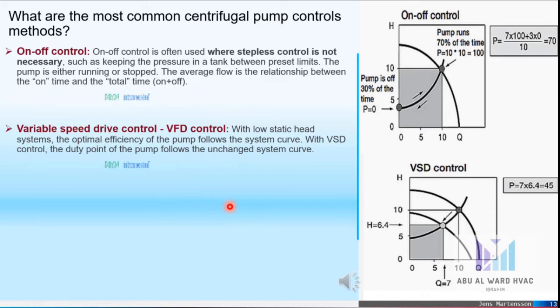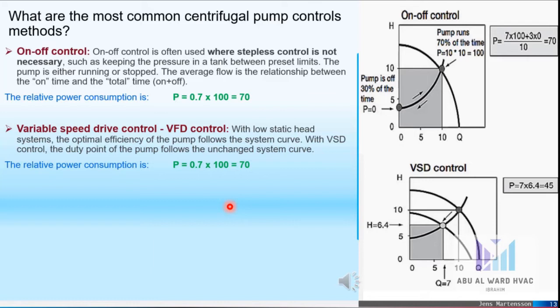So the power consumption is reduced in both cases from 100 to 0.7 multiplied by 100, equal to 70. In the second case also 0.7 by 100 equal to 70. VSD control, there is some mistake here. It should be 7 multiplied by 6.4, equal to less than 70 also.